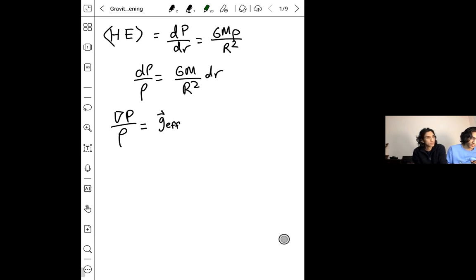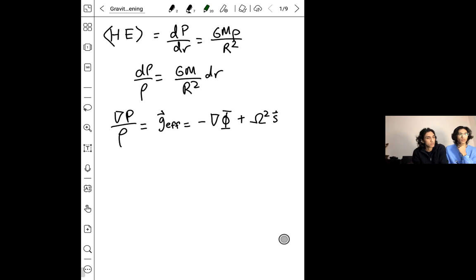One is the familiar gravitational potential term, which is what you've all seen. But there's also an additional term which is often neglected in this equation, especially in intro stellar classes, and that is the centrifugal force term, right?